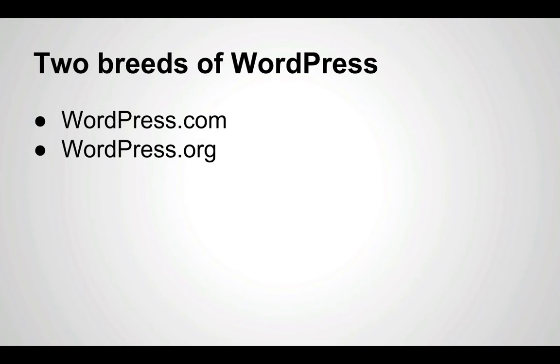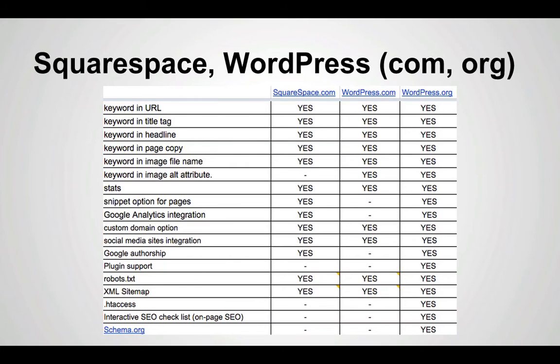Now that you know the difference, let's move on and actually compare Squarespace.com, WordPress.com, and WordPress.org. So the first column contains the factors that can influence your ranking, at least when it comes to on-page SEO. And these three columns contain the data that shows whether a specific item or solution has this feature or not.